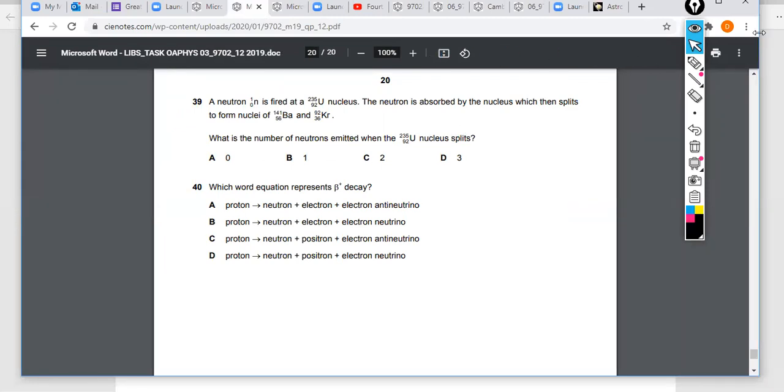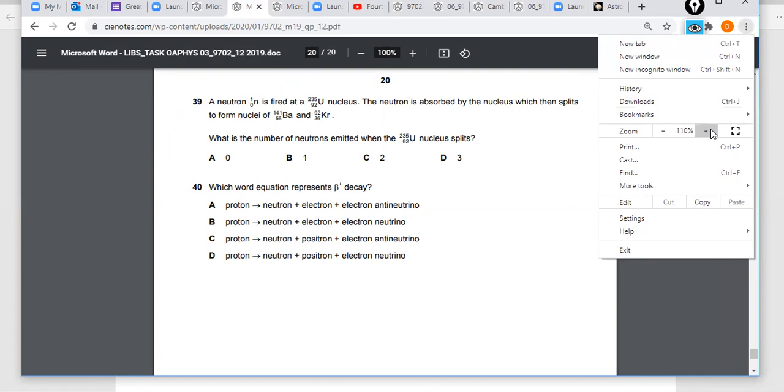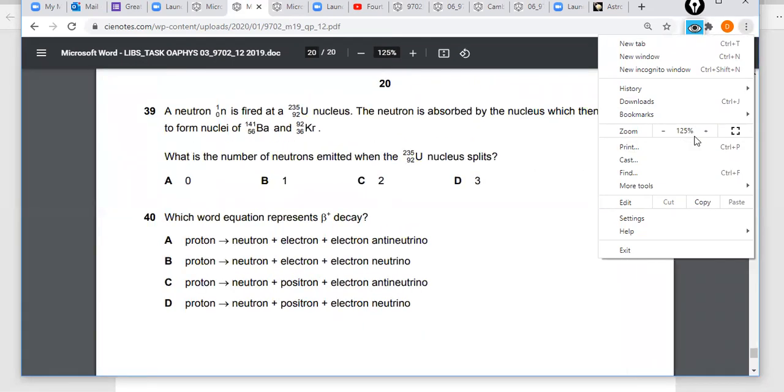All right, so try your hand at question number 40.